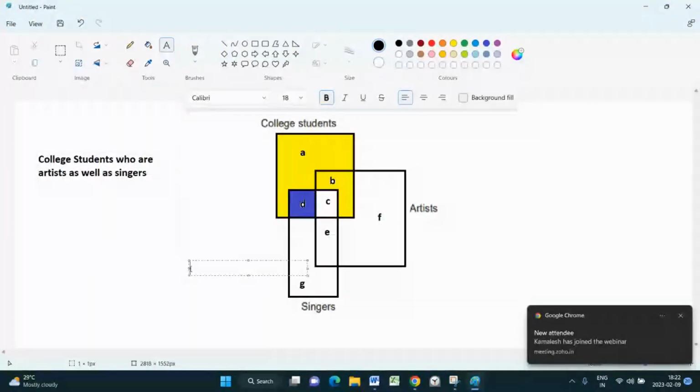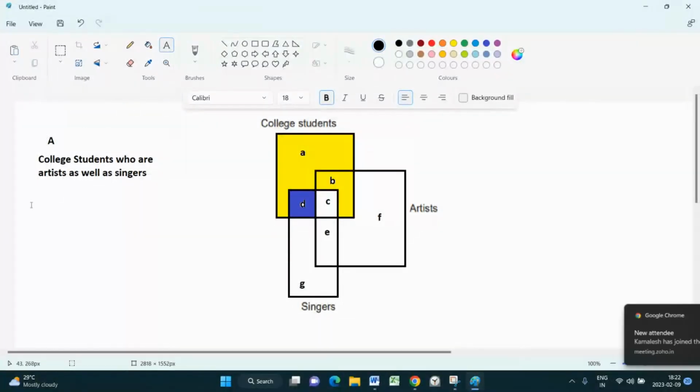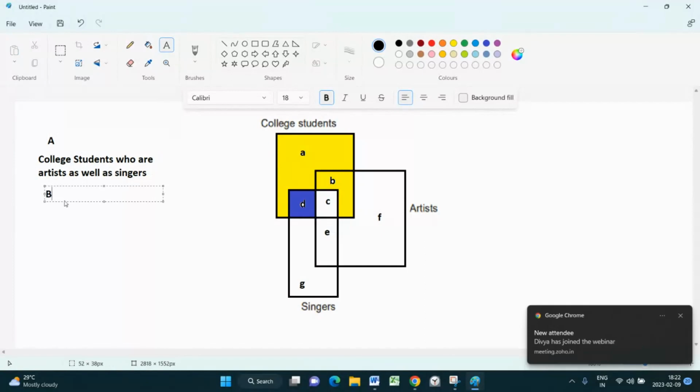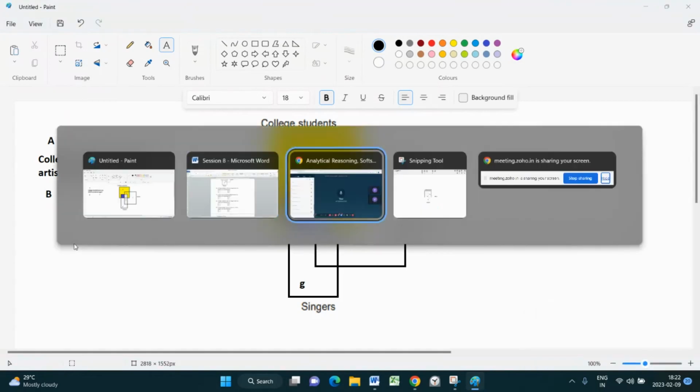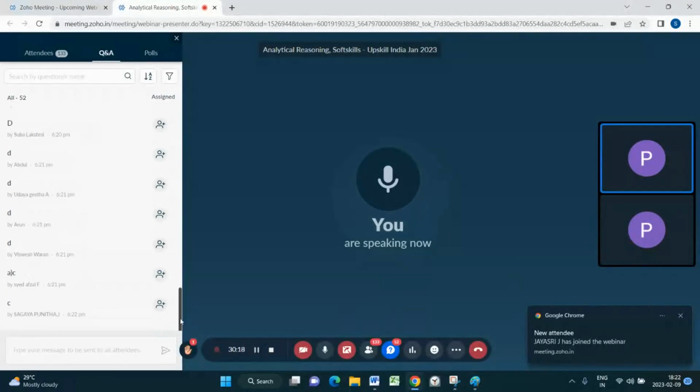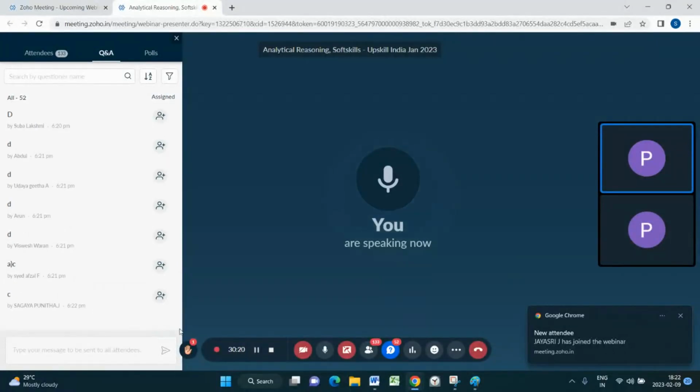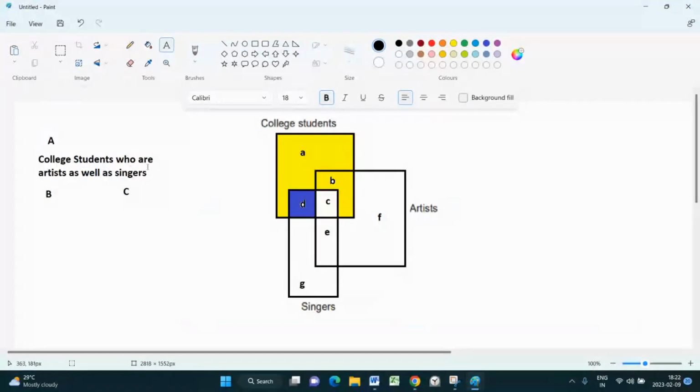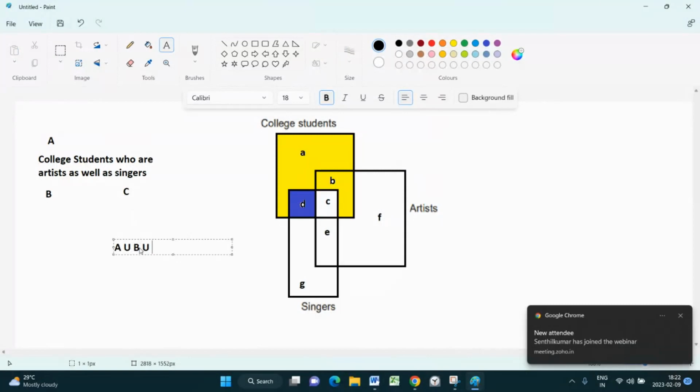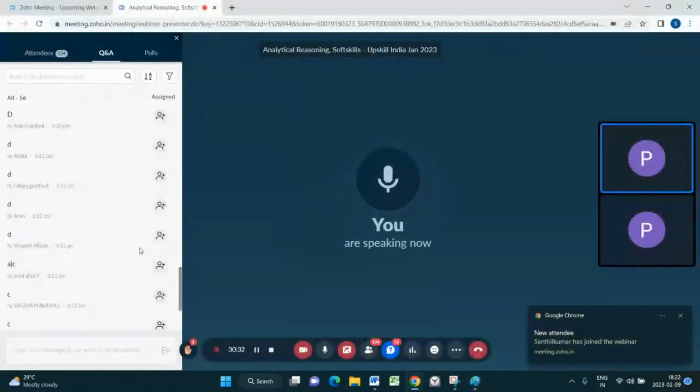Now again, I want you to tell me what is this. This is A, this is B, and this is C. I want college students who are artists as well as singers. How will I write it in terms of A union B union C, and so on?